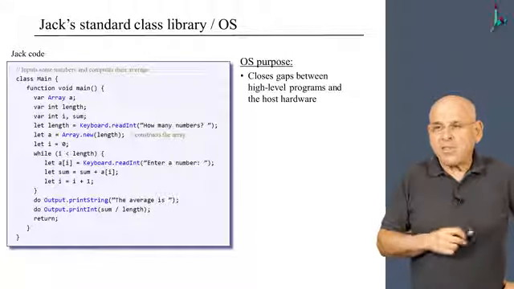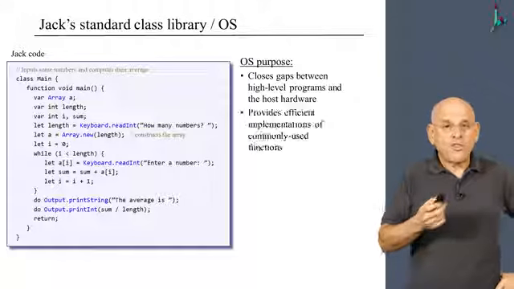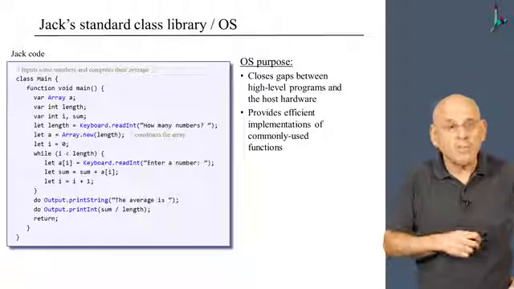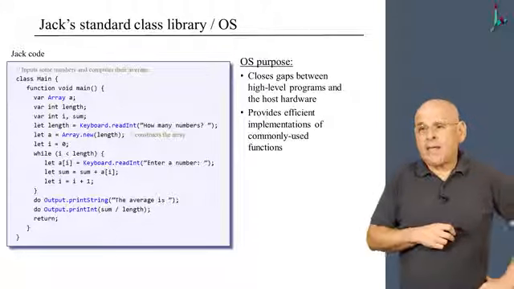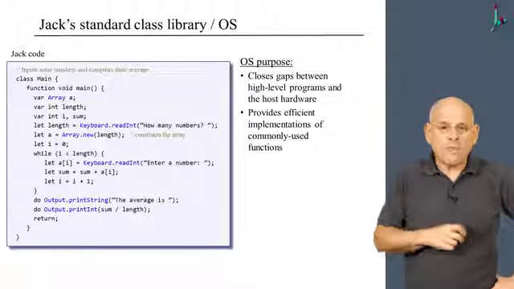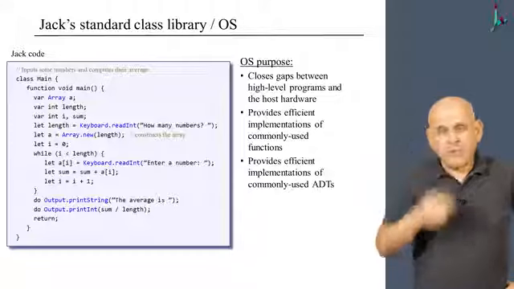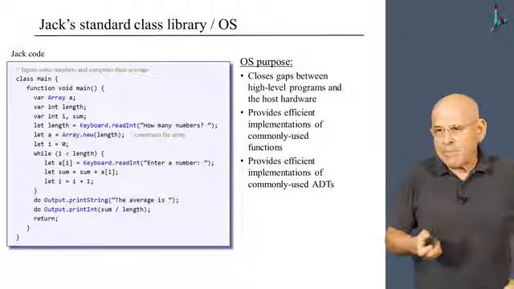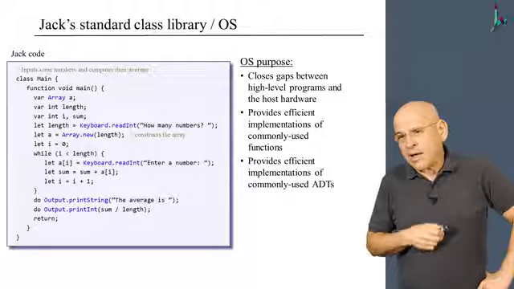Another purpose of the OS is to provide efficient implementation of widely used functions like square root, for example. And finally, we also want the operating system to represent efficiently commonly used abstract data types like array, string, list, and so on.